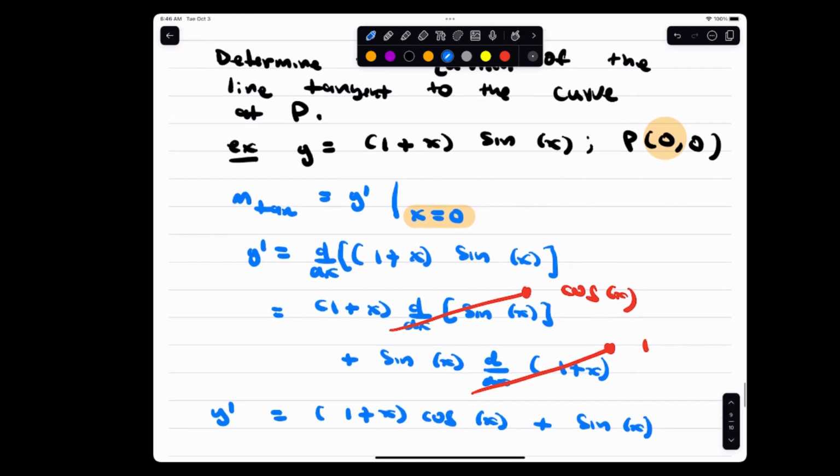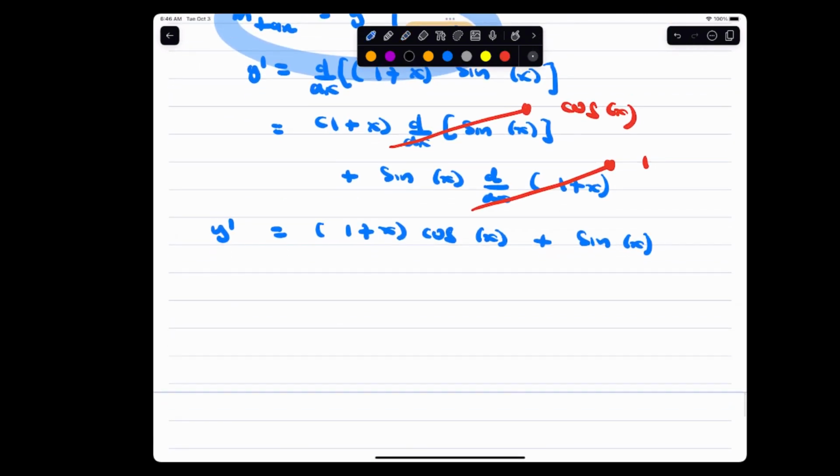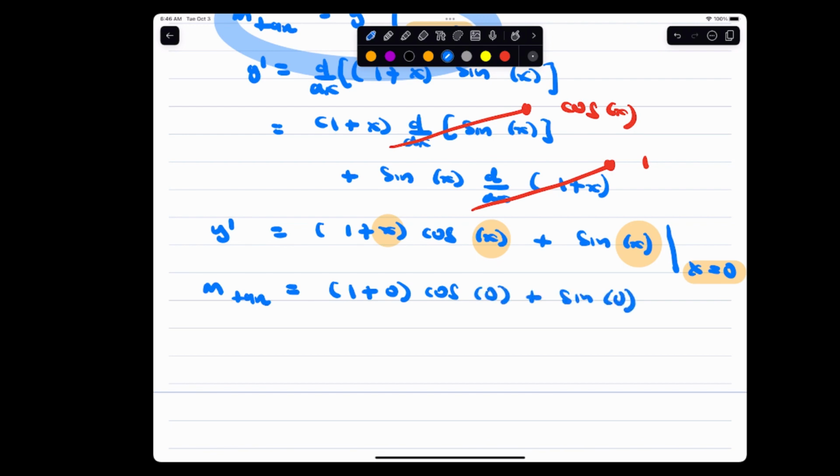So in order to use this definition of m tangent, we got to plug in x equal to 0 wherever there's an x. Now, what do you get? That's really m tangent. So m tangent will be 1 plus 0, cosine 0, plus sine 0.